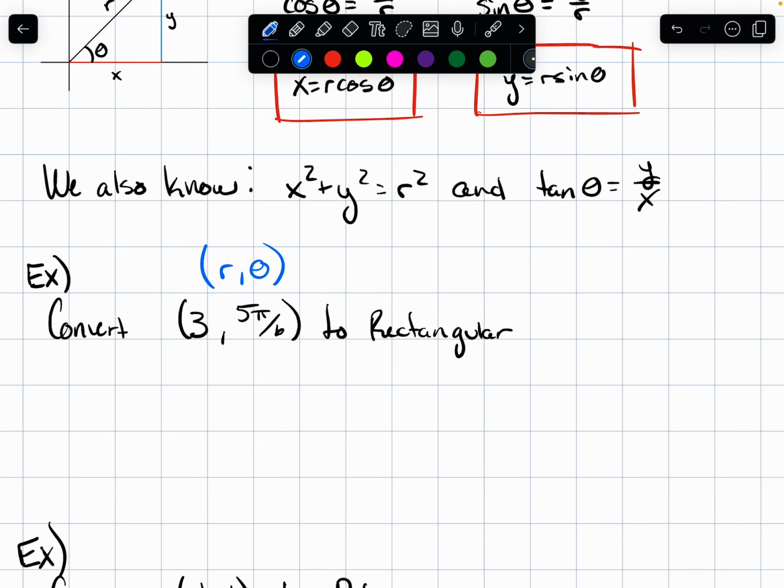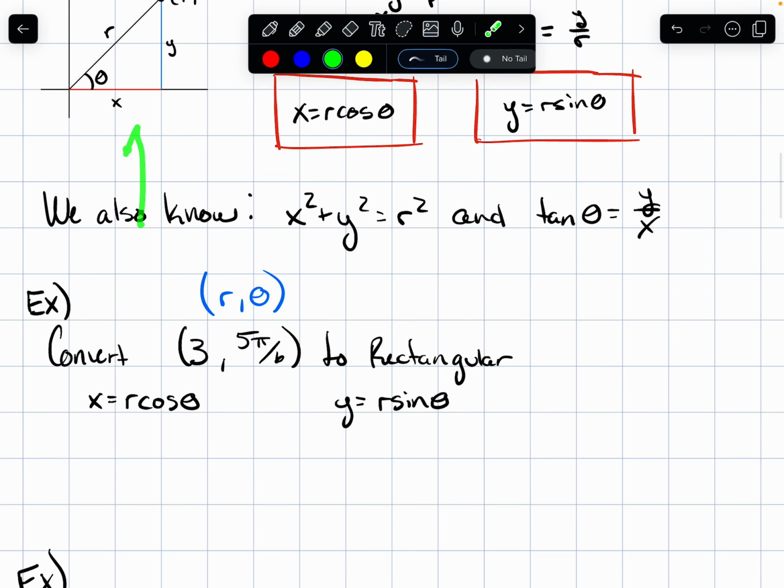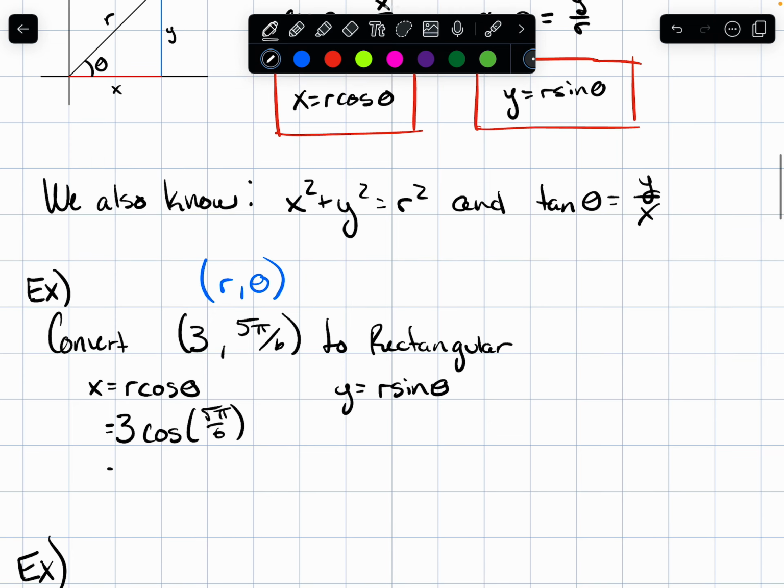So what I'm going to do is use the fact that x is equal to r cosine of theta and y is equal to r sine of theta, which we just found using this picture up here, to solve. So my r is 3 and cosine of 5 pi over 6, I know, is negative root 3 over 2.